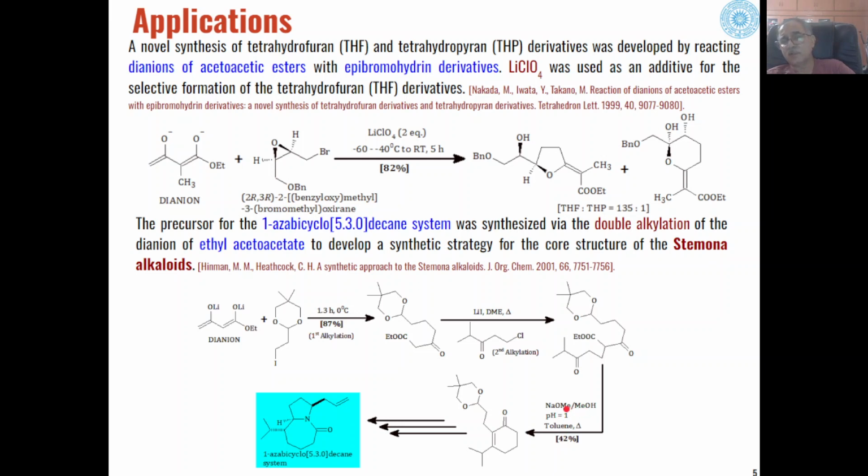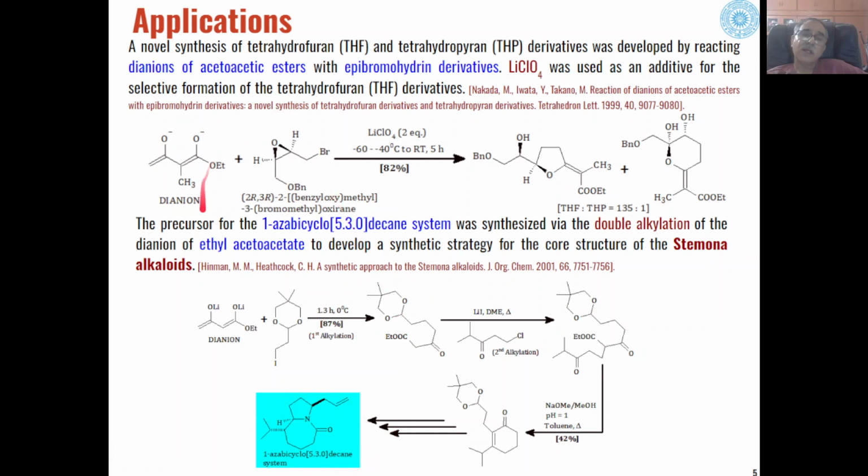basic reaction for the cyclization of this group, and this will lead to the formation of these types of alpha beta unsaturated cyclic ketones, and with further reactions these precursors can be converted into 1-aza bicyclo decane systems.